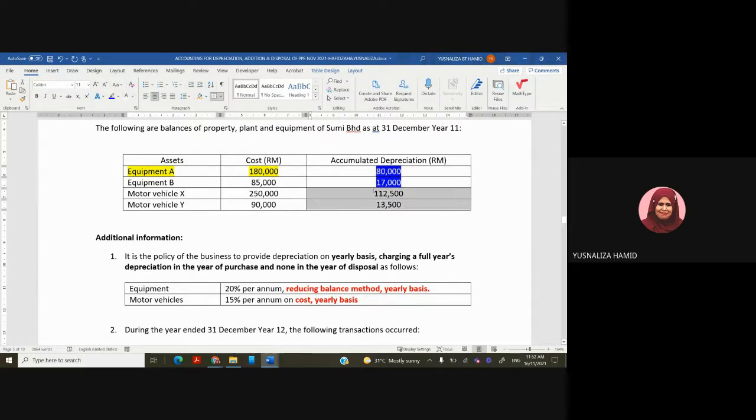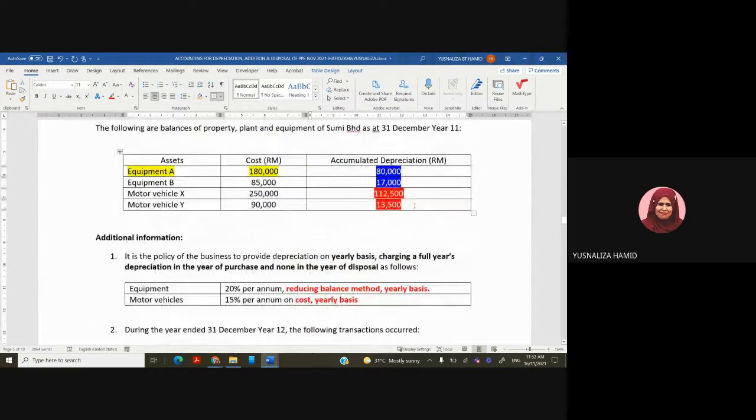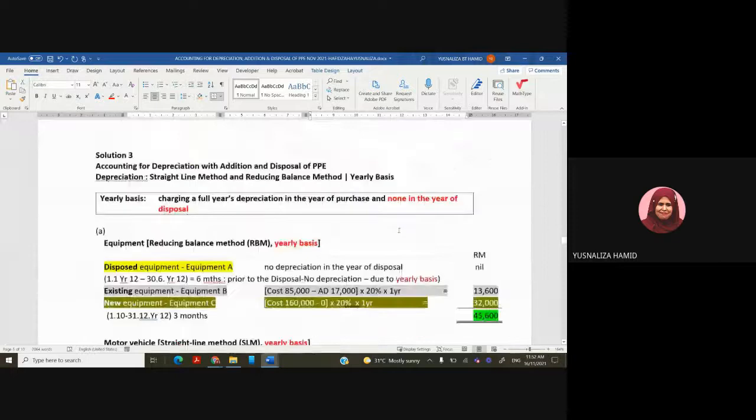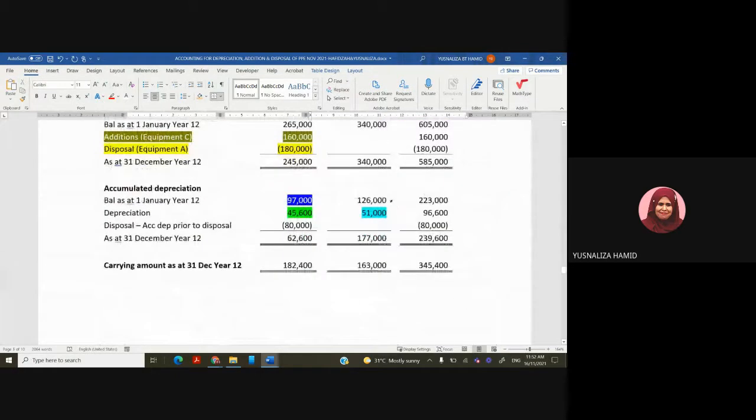And the second figure, which is for motor vehicle, you will have this figure added together, which is 112,500 plus 13,500. This one would be here, 126, and that was for motor vehicle.